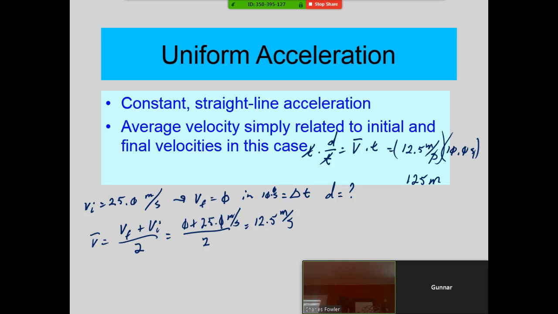How far did he go in those 10 seconds? 125 meters. Now, what's that? That would be the entire length of a football field, pretty close to counting both end zones. Maybe even a little longer than that would be how far it took him to stop. When he slammed on brakes, it took 10 seconds to go from 25 meters per second to 0.